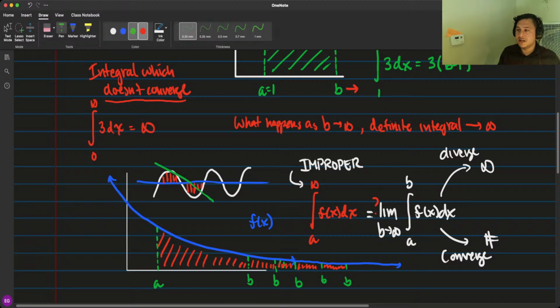But then as you extend it out a little, what can I say about my answer if I was to stop right here, if that was my b? It would be positive. But what happens if I extend out to right here? What would my answer be? Negative, right? Because it would keep on switching back and forth, that would also diverge. So I guess it could go to infinity, or what it does is it oscillates. That would be an example of a divergent integral.